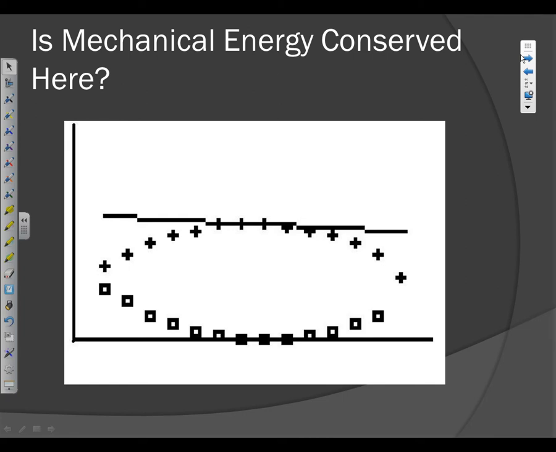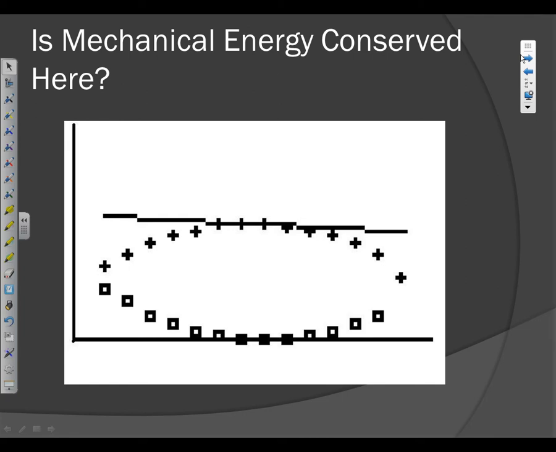All right, so let's discuss. Is mechanical energy conserved in this graph that I'm showing you right here? No, it is not. Okay? So, Christine, just because I heard you talking about it, the pluses and the boxes, those are representing our individual types of energy, right?